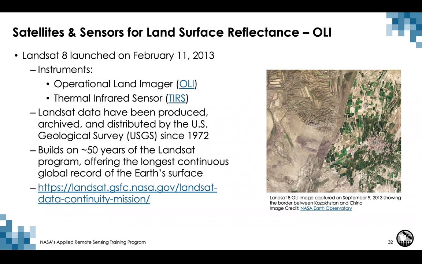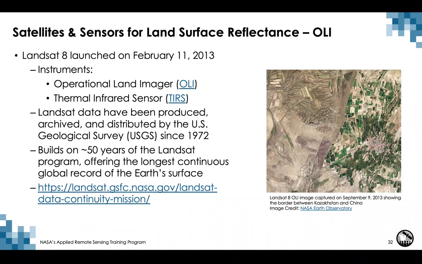The USGS offers on-demand production of Landsat 8 Operational Land Imager and Thermal Infrared Sensor land surface reflectance data through their Earth Explorer website. The link is provided at the bottom of the following slide. The surface reflectance products are generated at the Earth Resources Observation and Science Center, or EROS, at a 30-meter spatial resolution.